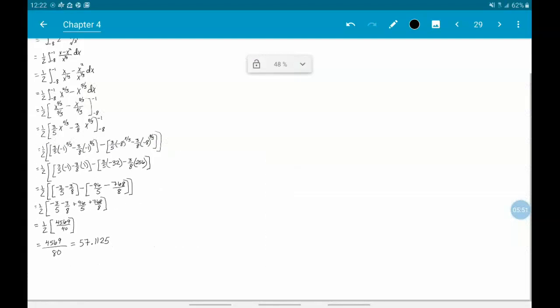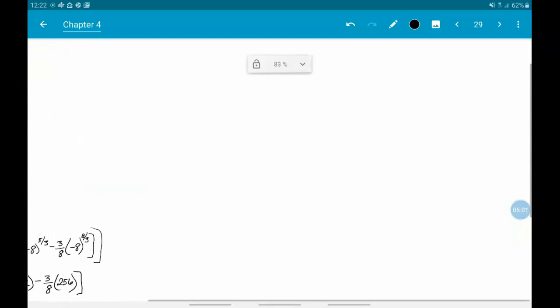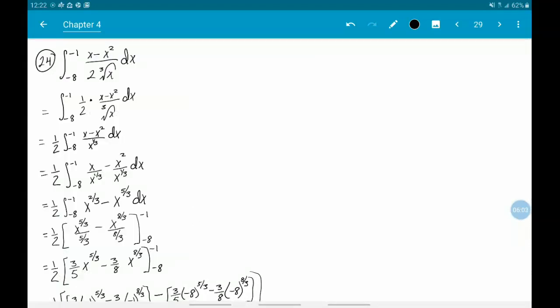Let's do another one. Let's look at number 31. We're integrating from 0 to pi over 4. And it's 1 minus sine squared of theta over cosine squared theta, d theta.